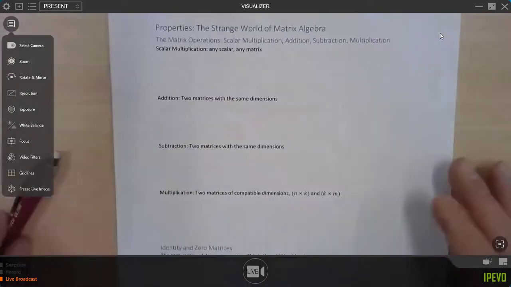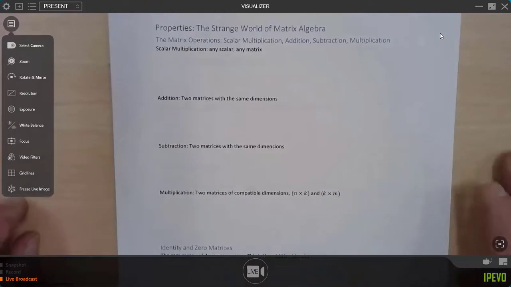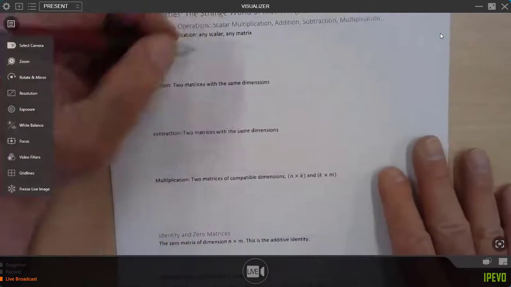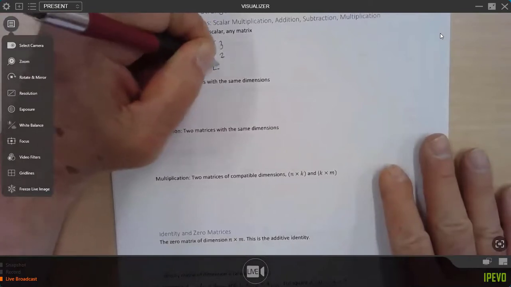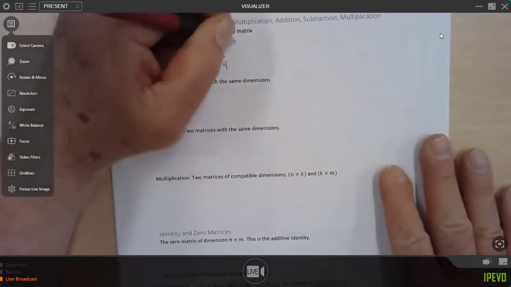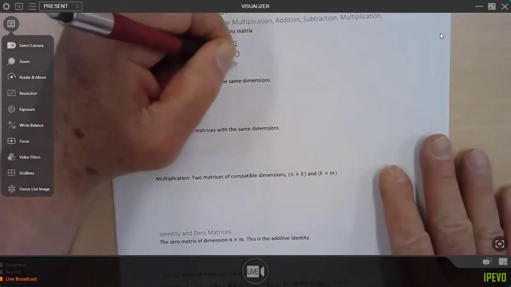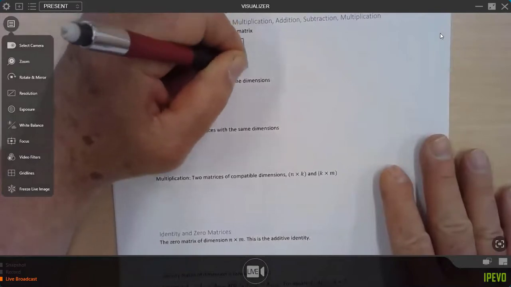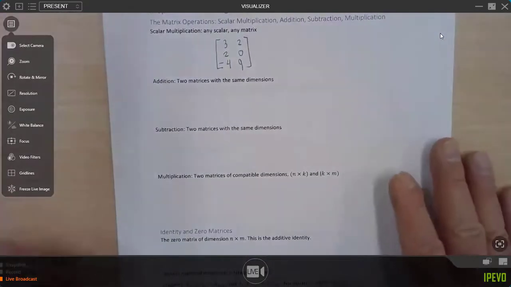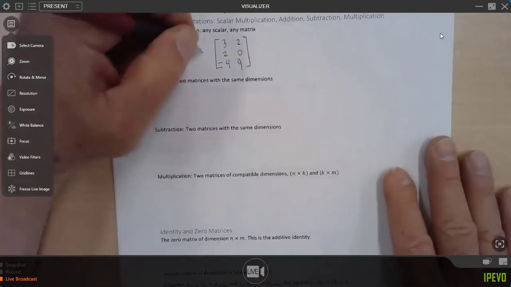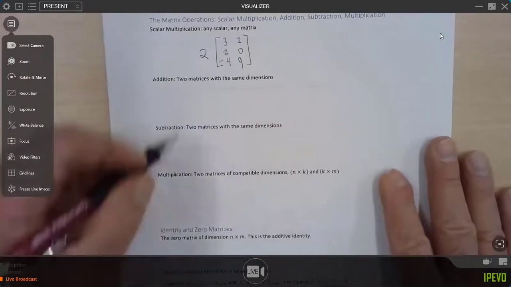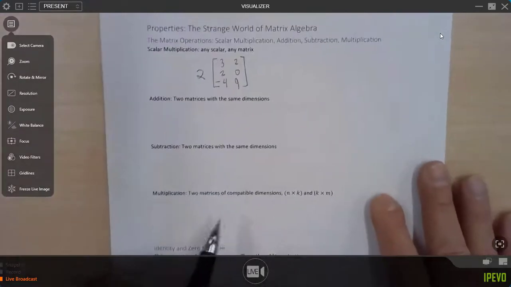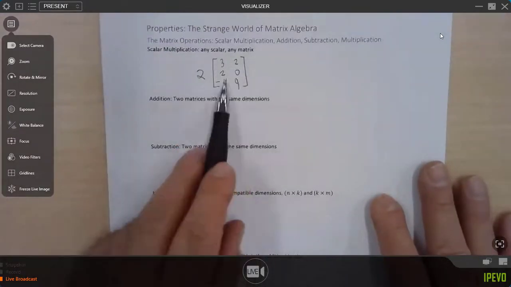Okay, the strange world of matrix algebra. First of all, scalar multiplication. If you take any matrix whatsoever, so I'm just picking stuff at random here, and I pick any scalar, no matter what, well, how about something that's not too hard? 2. I can always multiply a matrix by a scalar.